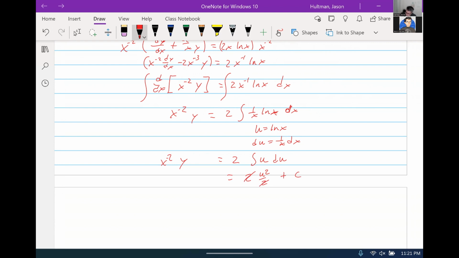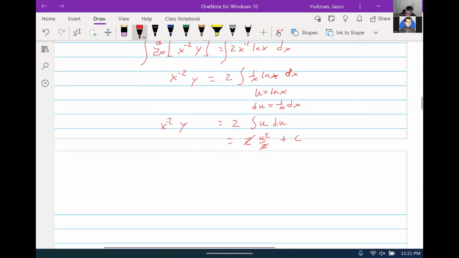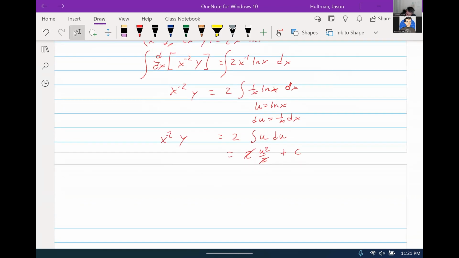I could distribute the 2 if I really wanted to, but 2c and c are the same. It's just a constant. So this becomes u squared plus c. But what is u? u was natural log of x. So that's natural log of x squared plus c, some constant c.